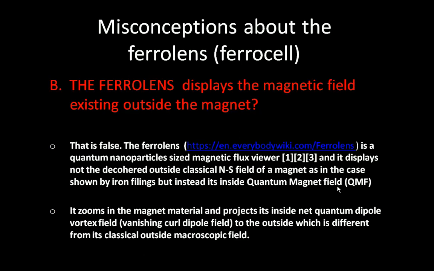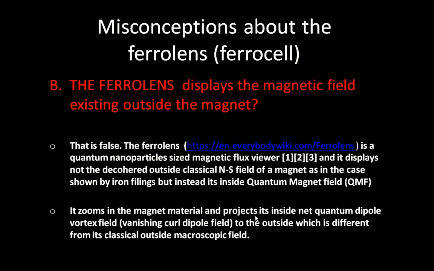So imagine the magnet as a generator. It has an inside field and it produces an outside energy flow. We call it the classical north-south field. But what the ferrolens is actually doing, it zooms in on the magnet material and projects its inside net quantum dipole vortex fields.